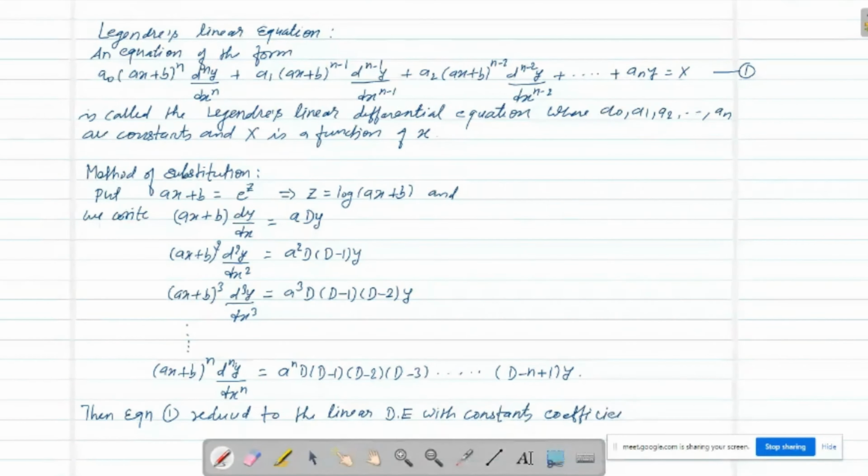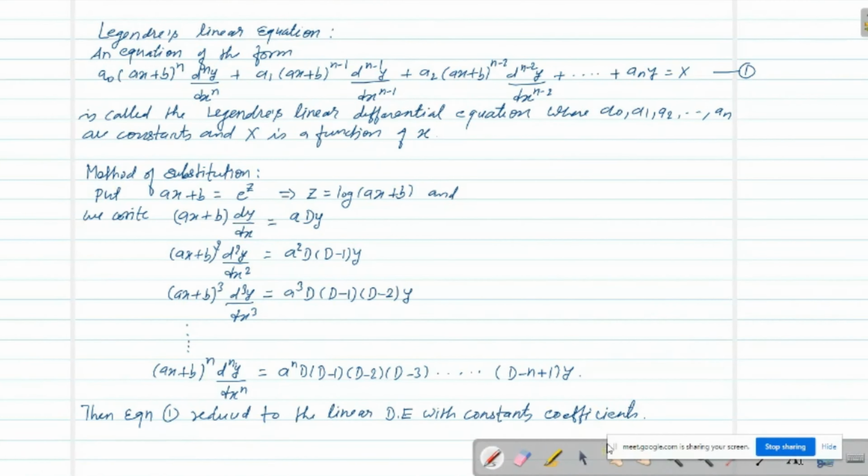And we know very well how to solve a linear differential equation with constant coefficient by using 5 types of methods and variation of parameters, whichever is suitable you can apply. Getting it? So now let us do a problem based on this, then you will understand this concept very easily.